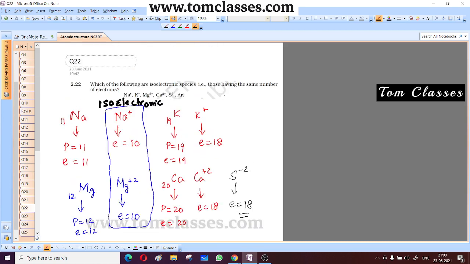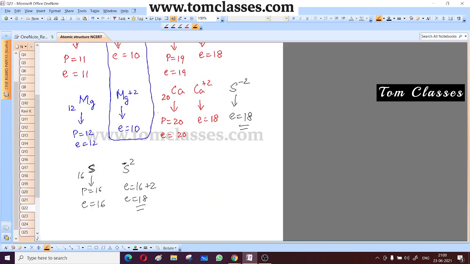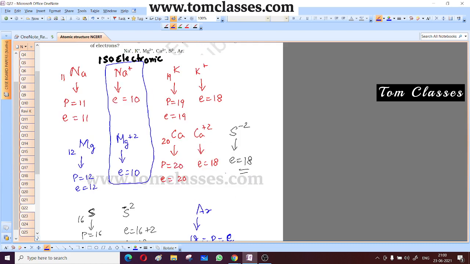Now what is the next? Next is argon. Argon has got an atomic number of 18, so it has that many protons and that many electrons. So argon has got 18.